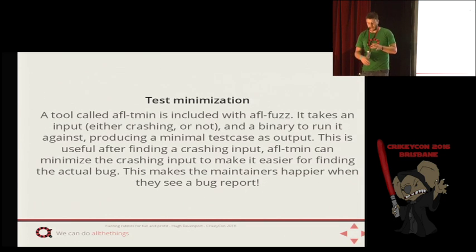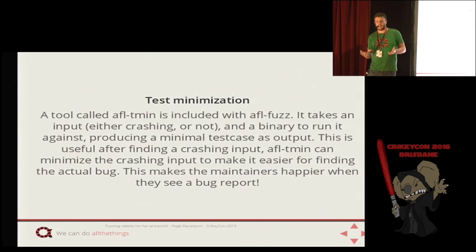So test minimization, I find this useful because when you're generating inputs, they tend to get a bit longer and longer, sometimes shorter, sometimes longer. But the input that you get looks kind of random. By definition, it is just random input, which just happens to crash the program.